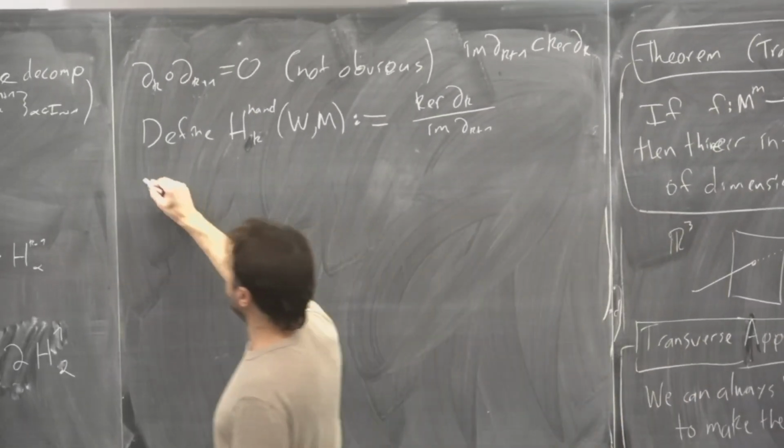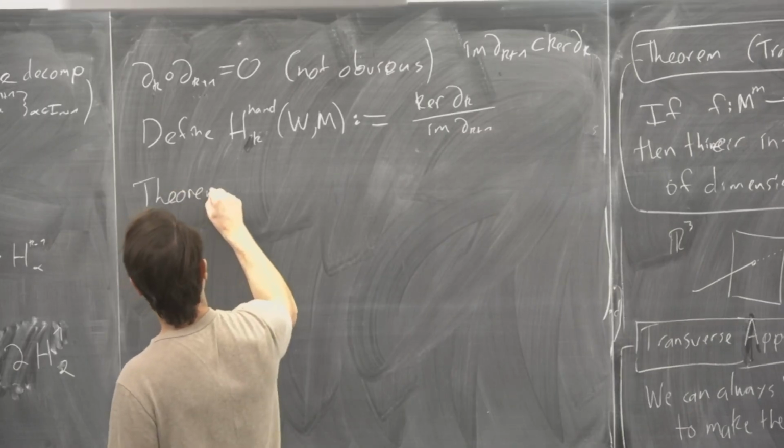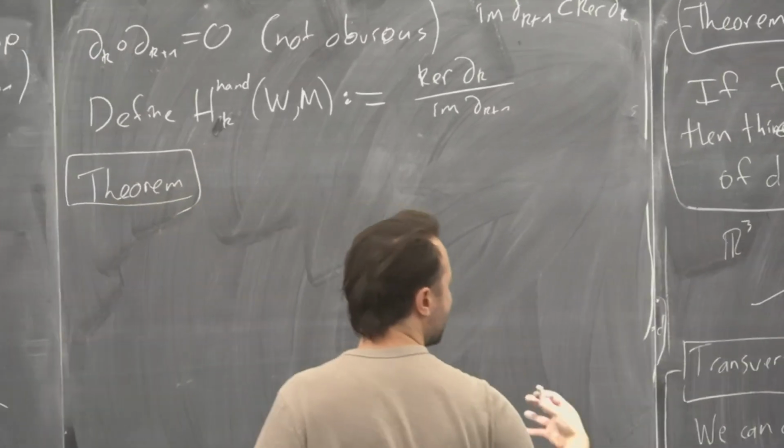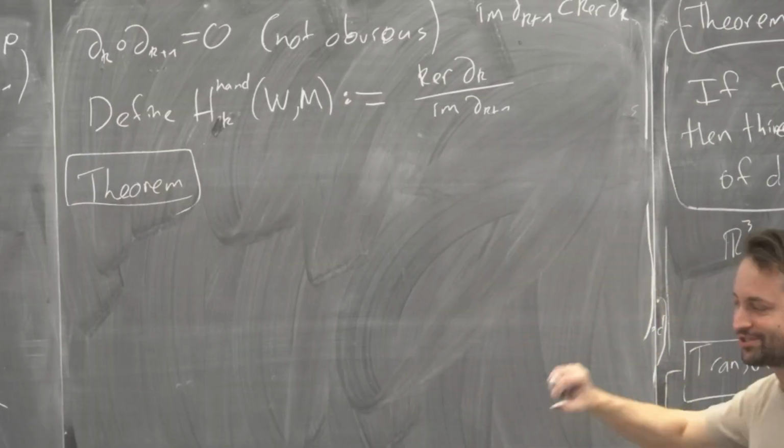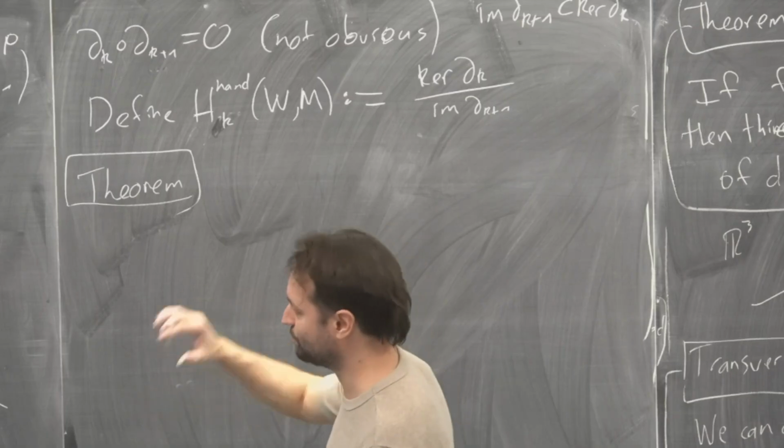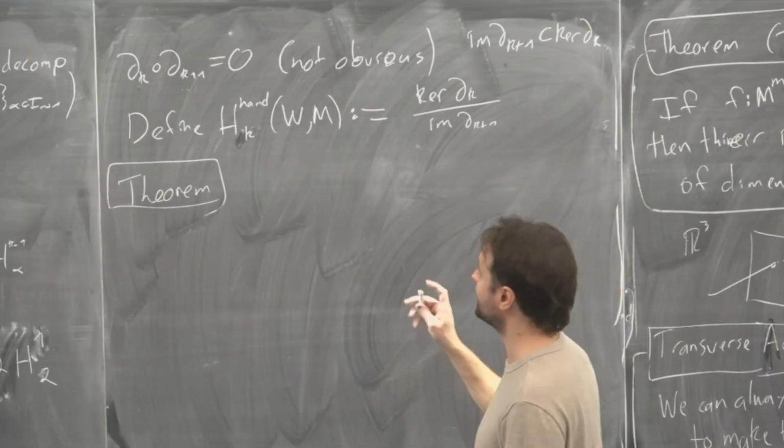So this is a definition, theorem, which you can imagine should be true because all of these disks are just thickened cells. The K handles are thickened K cells.